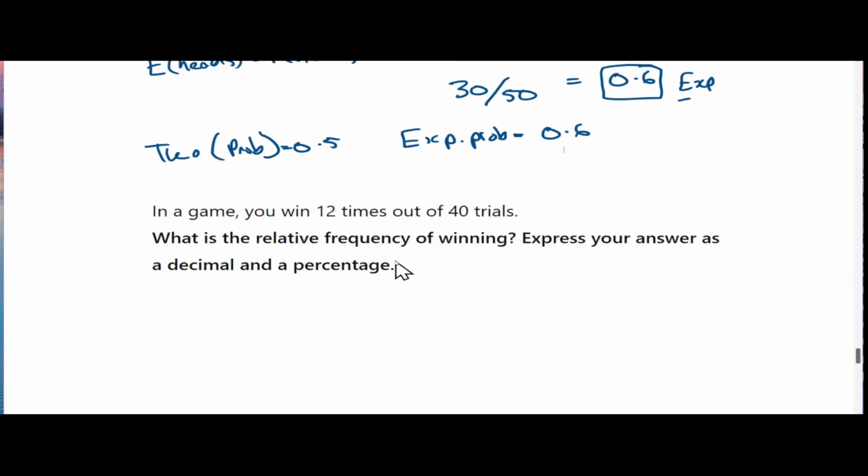Okay. All right. In a game, you win 12 times out of 40 trials. What is the relative frequency of winning? Well, the relative frequency of winning is the same thing as the probability, really. So the relative frequency, lowercase f, is going to be the number of positive outcomes divided by the total number of possible outcomes.